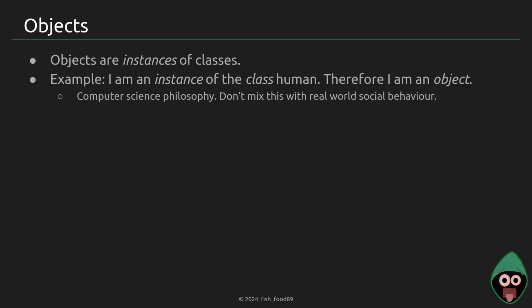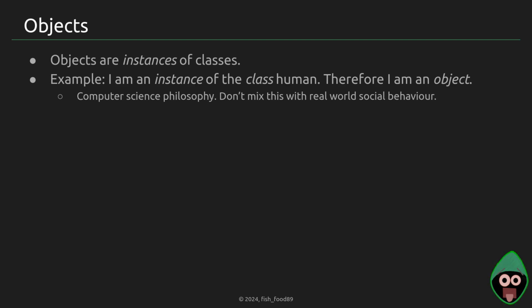No person is an object, but this is just computer science philosophy. So think of this in the way in which computers act, and the bits in there are their objects. And just from a computer science philosophical standpoint, this is how the definition goes in code. And these are the terms that are used.